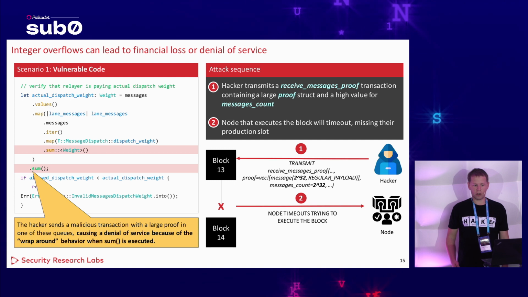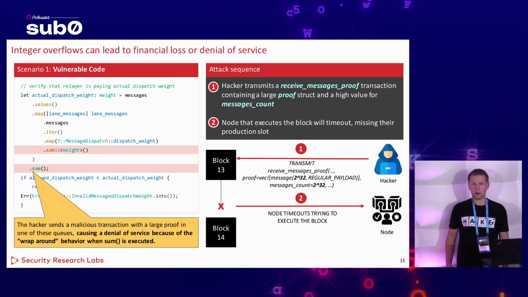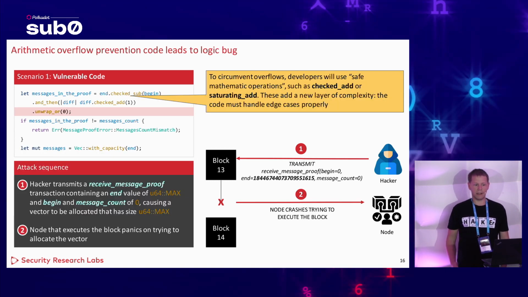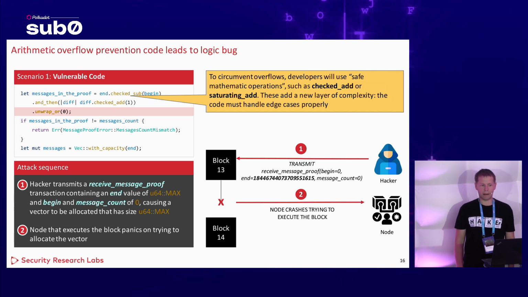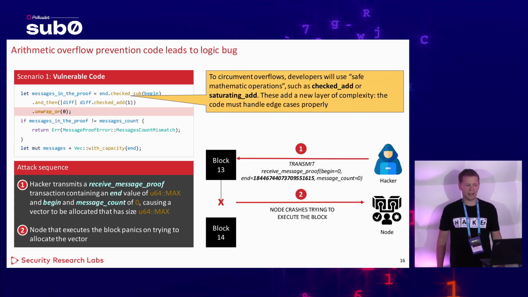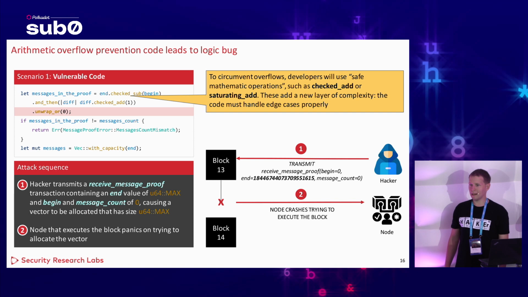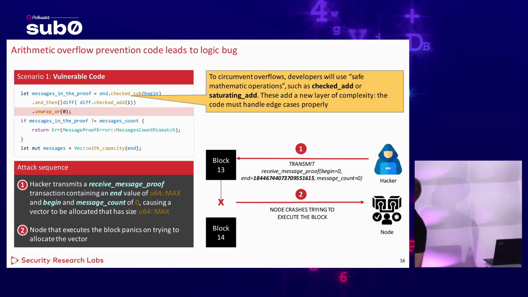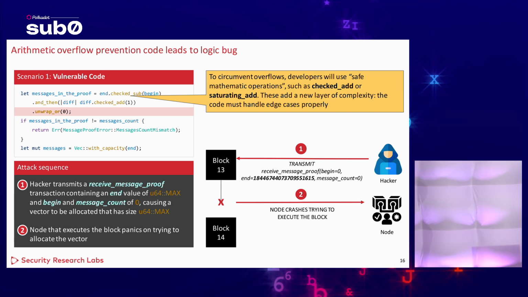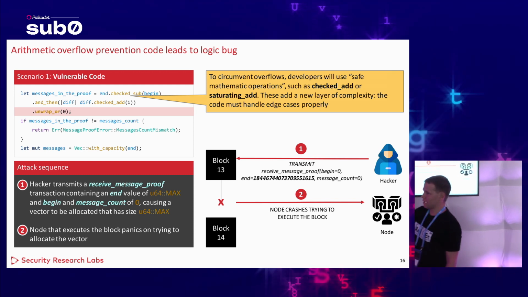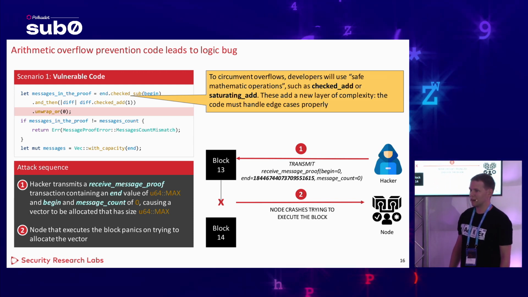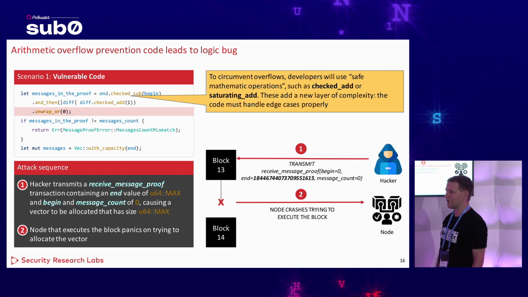So let's see what people are doing to avoid that kind of integer overflow. Here we also have an example from the bridges implementation, and you would also submit a number of messages, and you do a checked sub here. A checked sub will basically do a subtraction, but if it overflows, it returns a None.